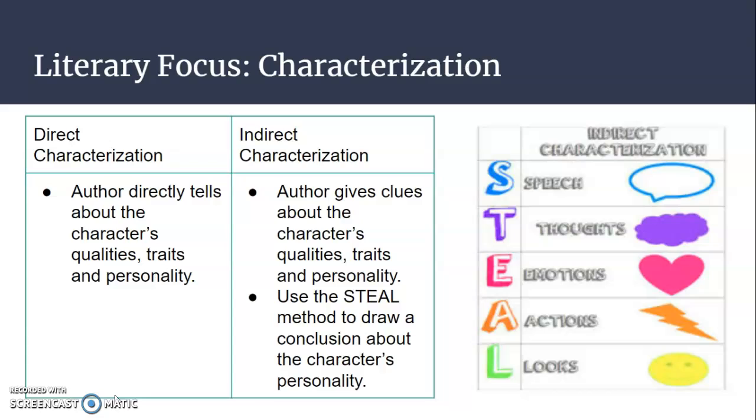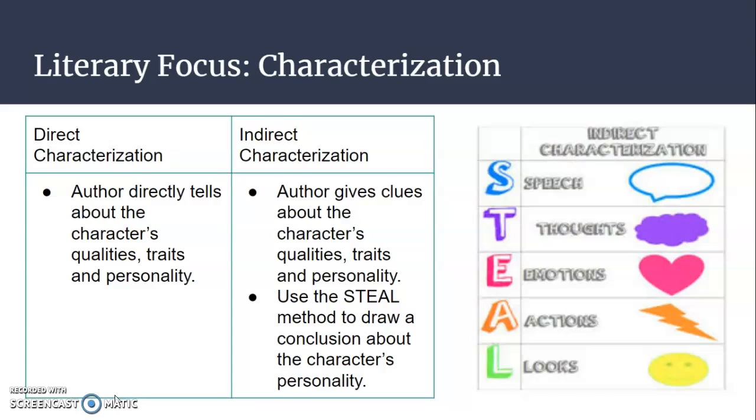Well, we use the STEAL method to analyze a character indirectly, okay? So we look at what the character says, we look at the character's thoughts, we look at the character's emotions, we look at how the character affects other characters' emotions, we look at the actions of the characters, and of course, we look at how the character dresses.